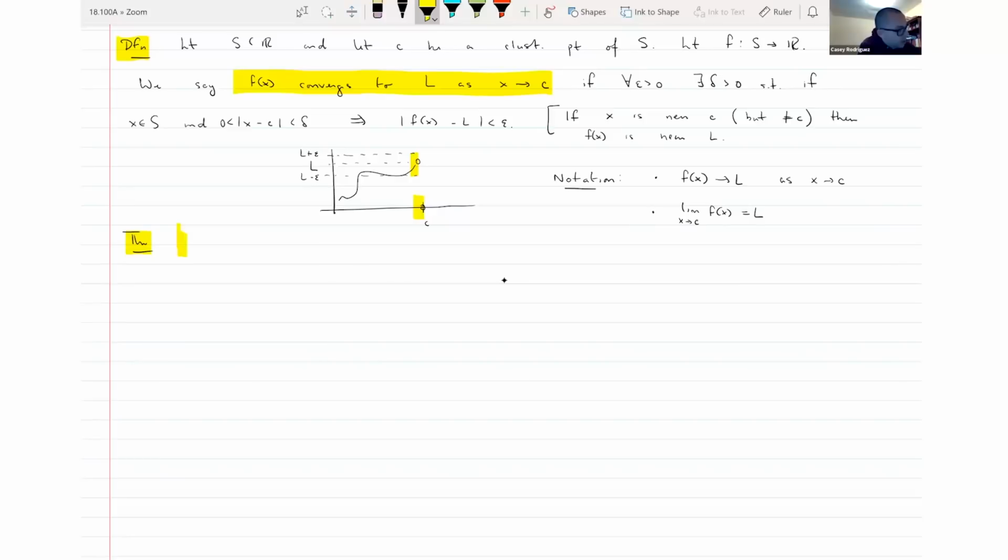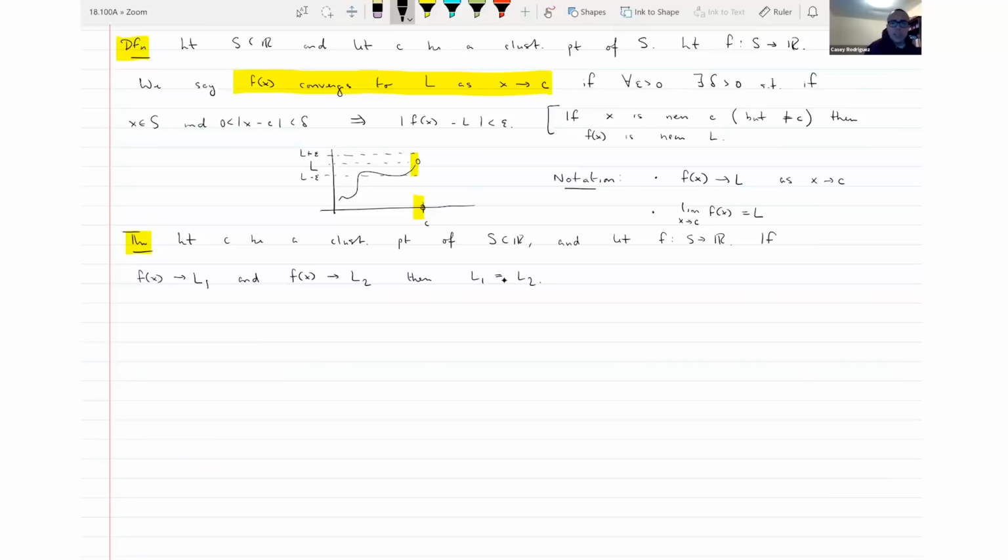So let c be a cluster point of S, which is a subset of R, and let f be a function from S to R. If f of x converges to L1 as x goes to c, and f of x converges to L2 as x goes to c, then L1 equals L2.